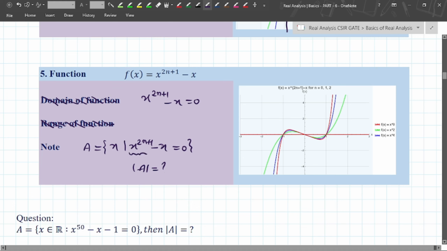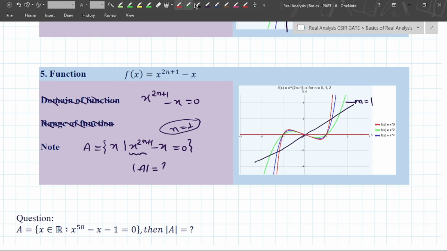What is this? If I take n equals 1, then it is what? This one, this green, oh sorry, this green one. This is for n equals 1. And after that, it is what x equals to, and it is what minus of x. Then it is cutting by minus of x. Then it will be like this. It will pass through origin. Then this will be like this.